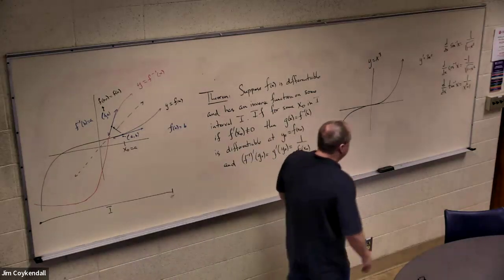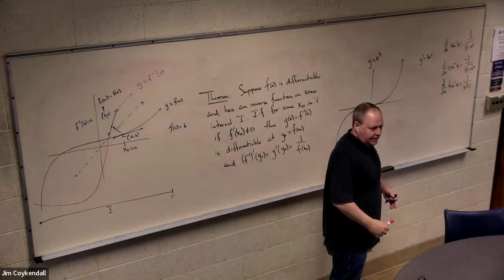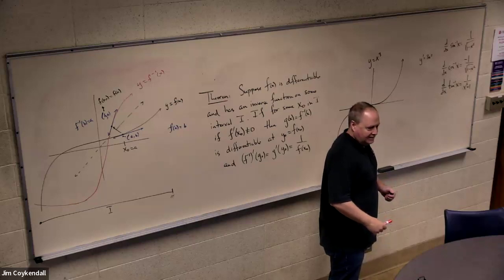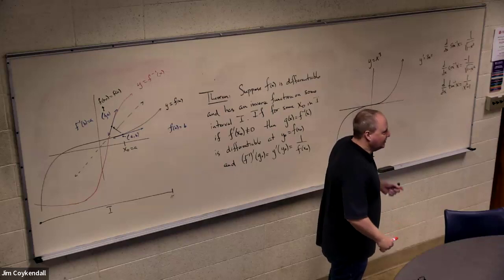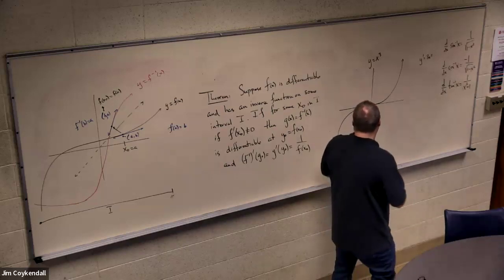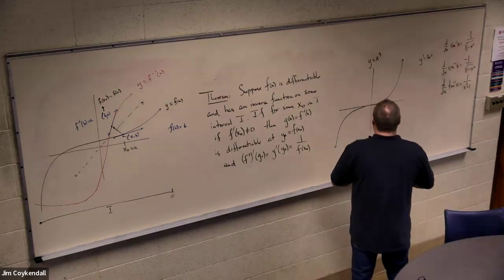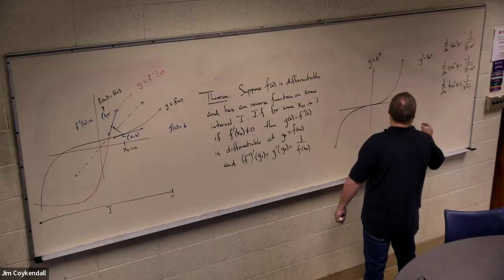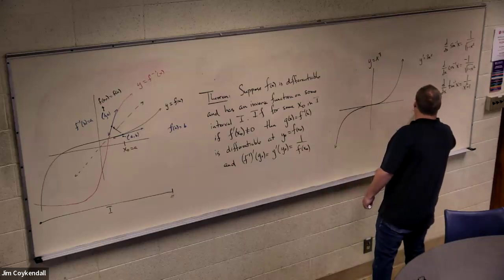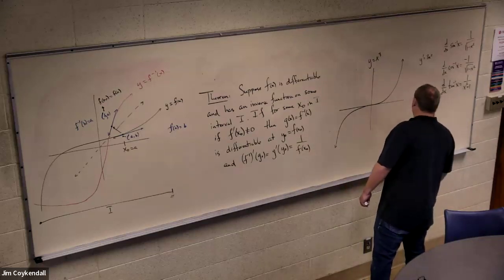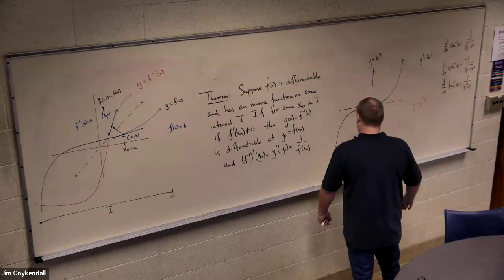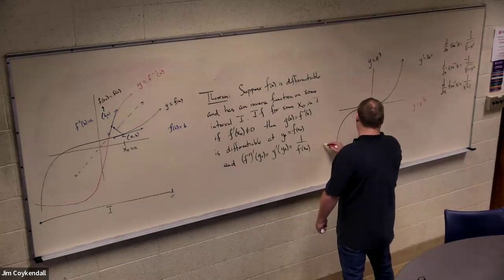Think about this. If you cube something and then you want to undo it, what do you have to do to undo it? Take the cube root, right? That's the inverse function.